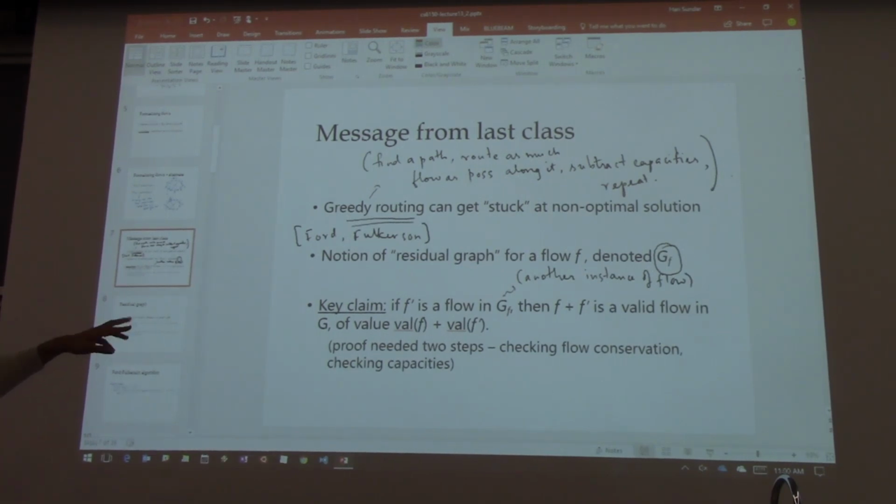In this instance, you try to find an S-T flow F prime, and the sum of these two flows is a valid flow in the original graph G. This was the theorem we proved, and it needed two steps: you had to check flow conservation, and you had to check that none of the capacities were violated. I'm just doing a quick recap, so you don't have to fully remember all these details. You can go back to the class.